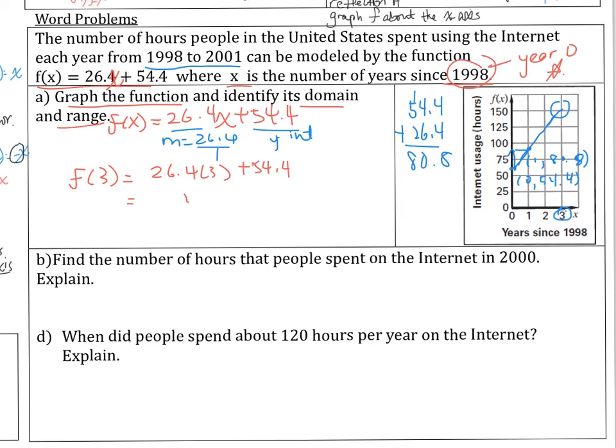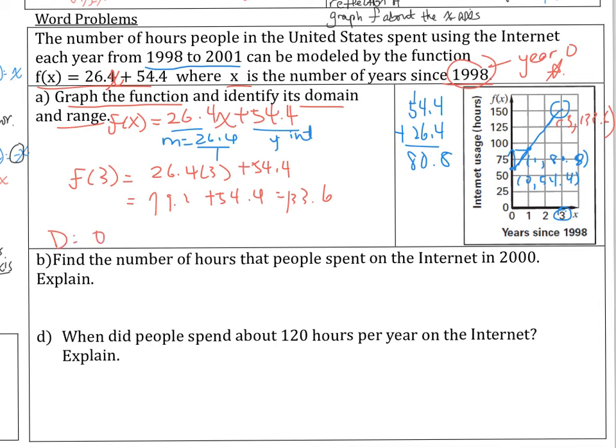Okay. So we have 79.2 plus 54.4. That gives you 133.6. So this y coordinate here would be 133.6.